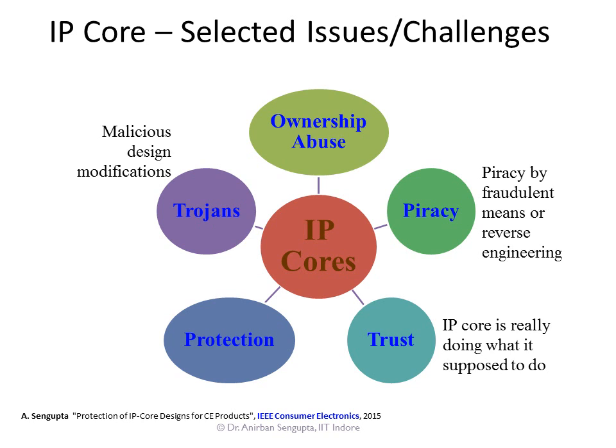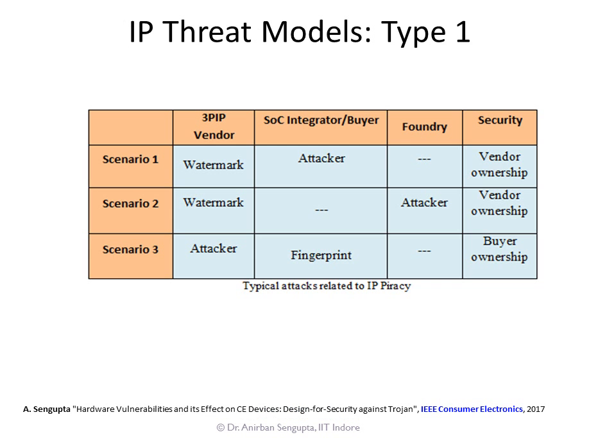There are several issues and challenges related to security on an IP. So we have a problem of IP ownership abuse, and we can have problems of piracy, trust, protection, and Trojans. In the first type of threat model that I talk about here, we have a scenario where the 3PIP vendor carries a watermark and the attacker is the SOC integrator and buyer. In such a case, the 3PIP vendor's protection can be achieved through the hidden secret watermark, which secures its ownership.